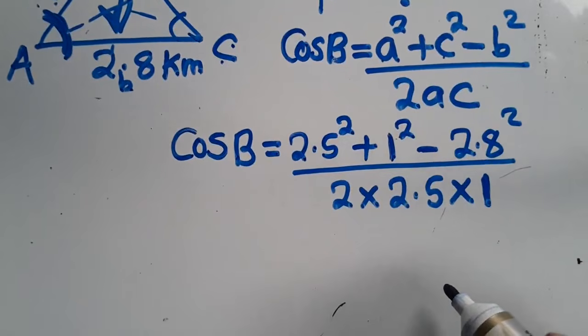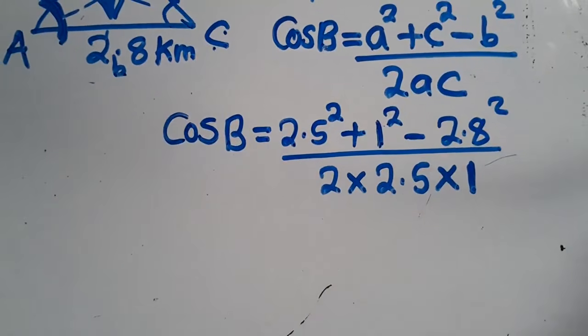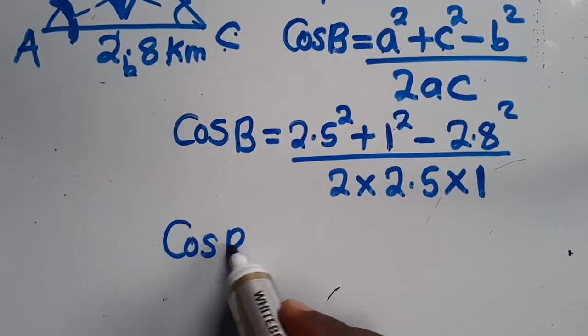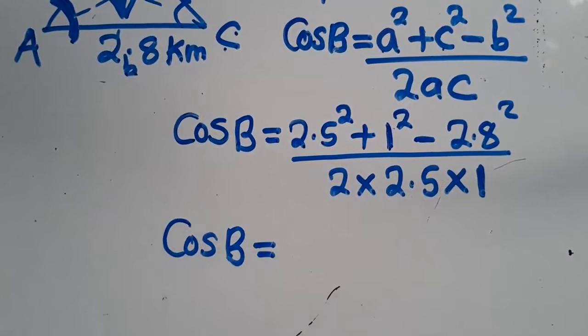You follow this property where you say cos B is equal to what? Where you multiply there. So you manipulate those numbers. You say 2.5 squared plus 1 squared minus 2.8 squared.